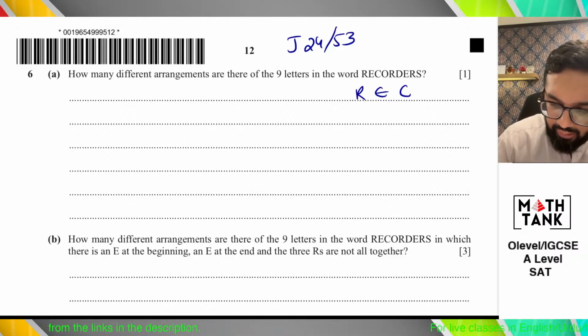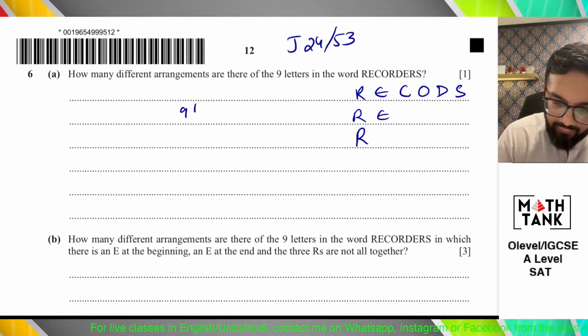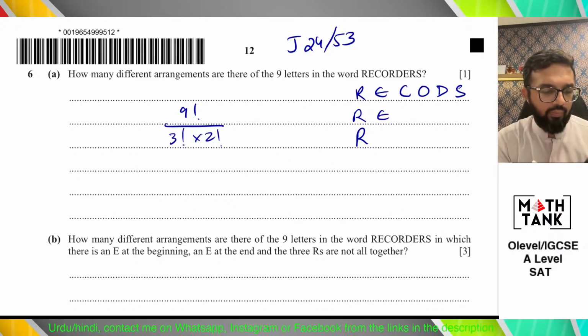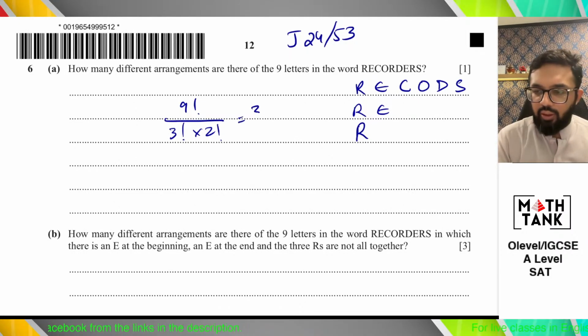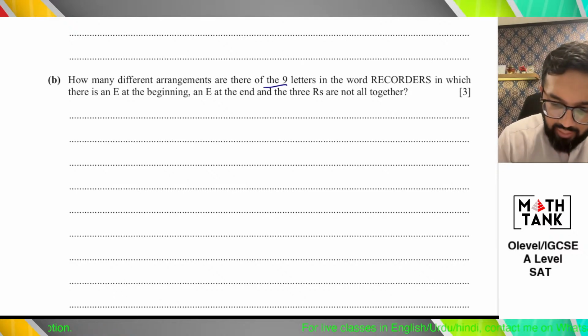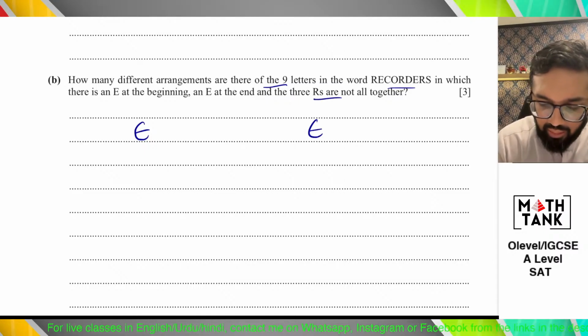So recorders. So 9 factorial divided by 3 factorial and 2 factorial. 30240. How many different arrangements are there of the 9 letters in the word recorders in which there is an E at the beginning, an E at the end, and the 3 R's are not all together?